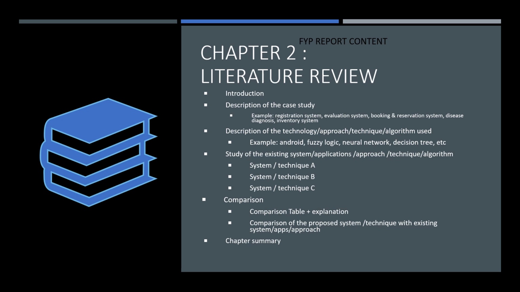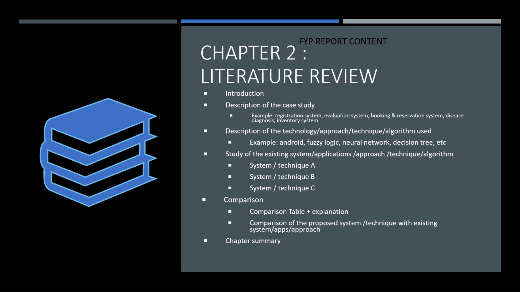And finally, you are required to do a comparison. You need to compare the existing systems with your proposed system or apps of research. And finally, to end the chapter 2, you need to write a chapter summary.